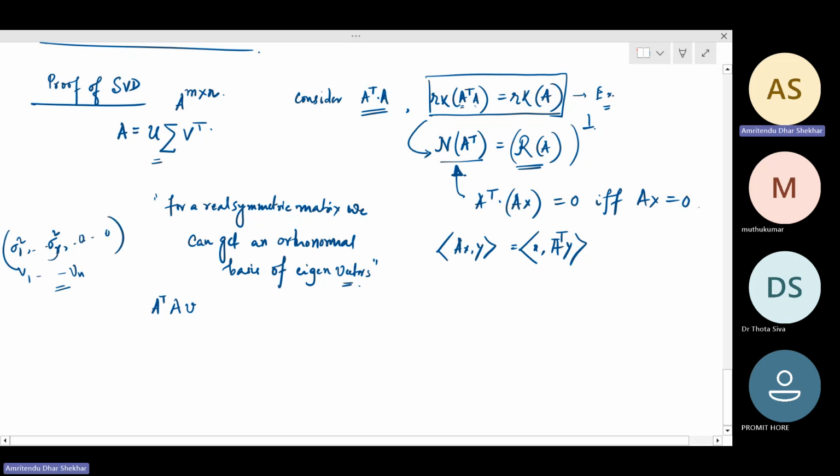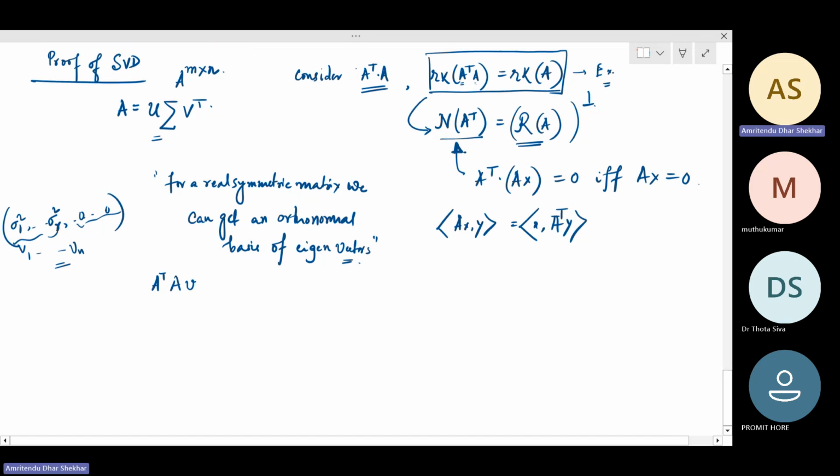Because the rank is r, the other ones are 0, and the rank of A transpose A is going to be equal to the rank of A, right?